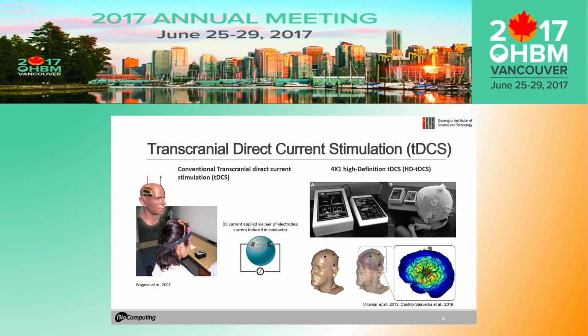In conventional tDCS, they use large rectangular patch-type electrodes, and in high-definition tDCS, they use small disc-type electrodes, consisting of one active electrode surrounded by return electrodes, which is proposed to improve spatial focality.